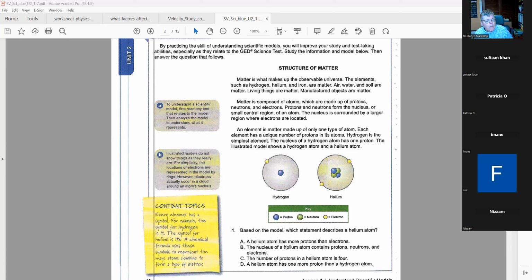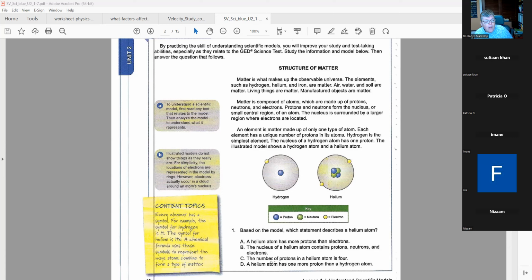So a helium atom has more protons than electrons. That's not true. It has 2 of each. So A is out. The nucleus of a helium atom contains protons, neutrons, and electrons. So the nucleus is in the center, and these electrons are not part of that. So B is no good. You can get rid of B.